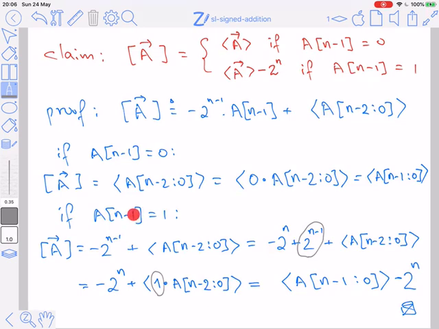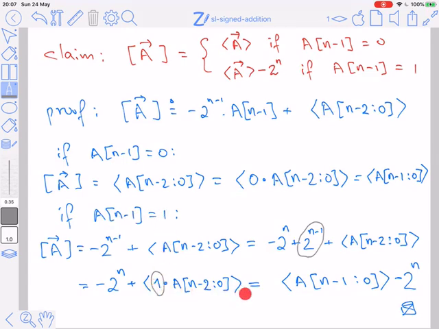The most significant bit is 1, and this part contributes minus 2 to the power of n minus 1. So this is what we get over here. And now we can write minus 2 to the power of n minus 1 as the difference between minus 2 to the n plus 2 to the n minus 1. Now, this part over here is just the number represented by 1 concatenated with a from position n minus 2 to 0. And this bit, the 1, equals a n minus 1.